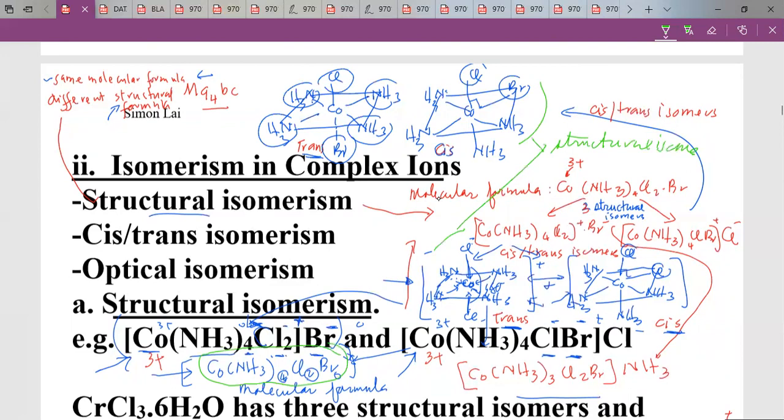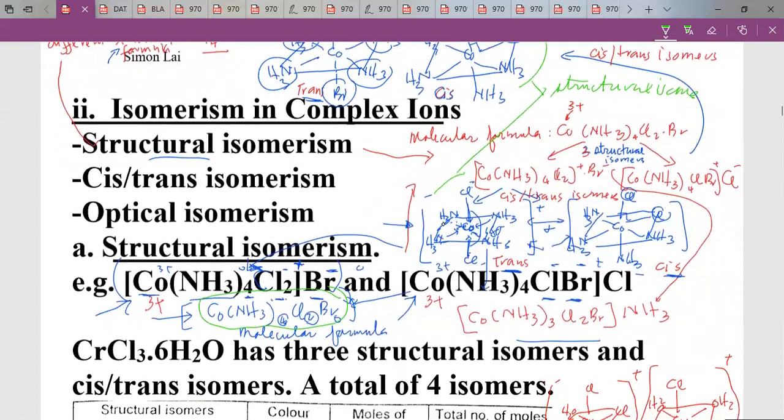If all of it goes inside here, where one ammonia comes out, and of course, this whole thing is charged, right? But normally it wouldn't exist because it's all neutral. What I found in nature is this one here and this one here. These are structural isomerism.